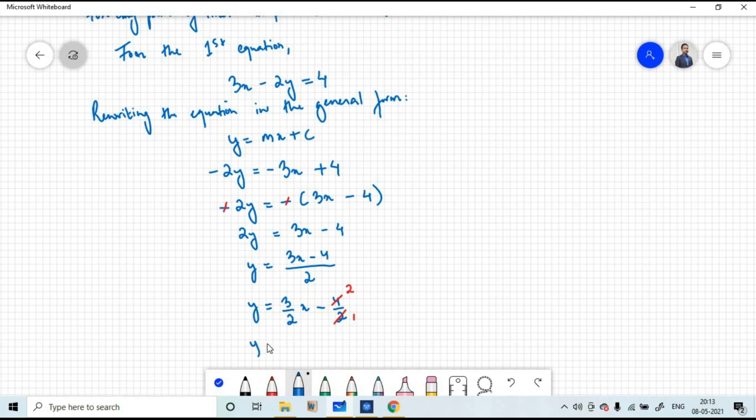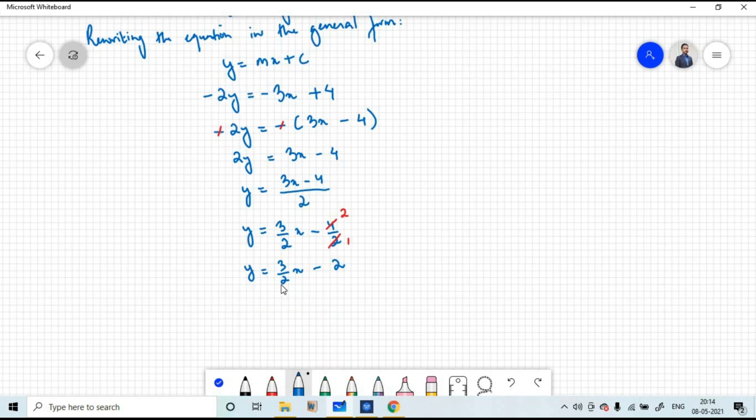So we have y equals 3 by 2 x minus 2. Finally, we have obtained the value of the slope of the first equation. Hence, we will write down the slope of the first equation, denoted by m, is equal to 3 by 2 units.